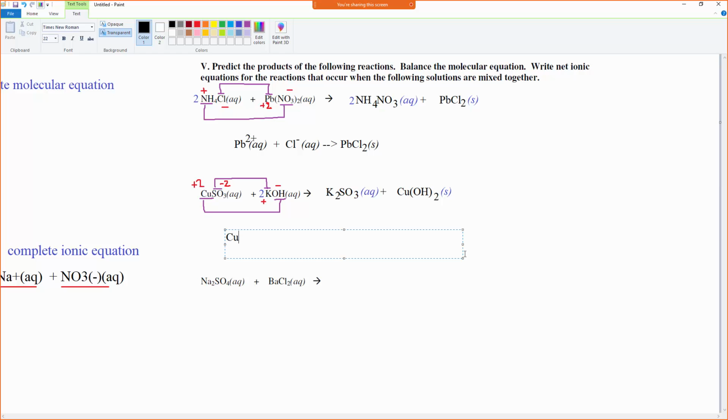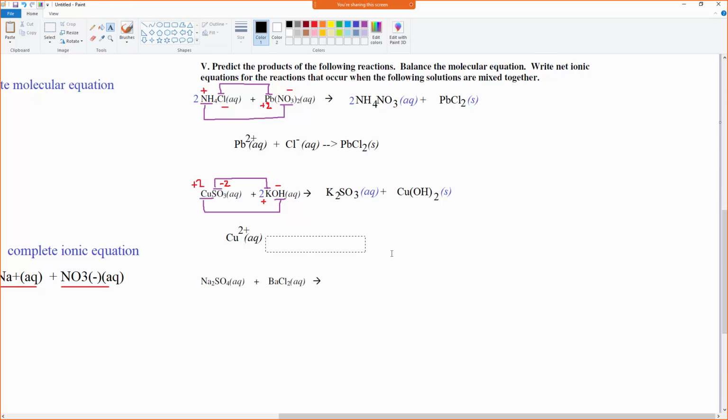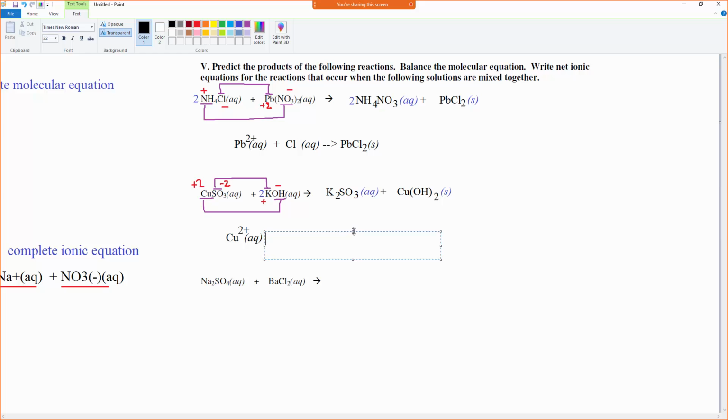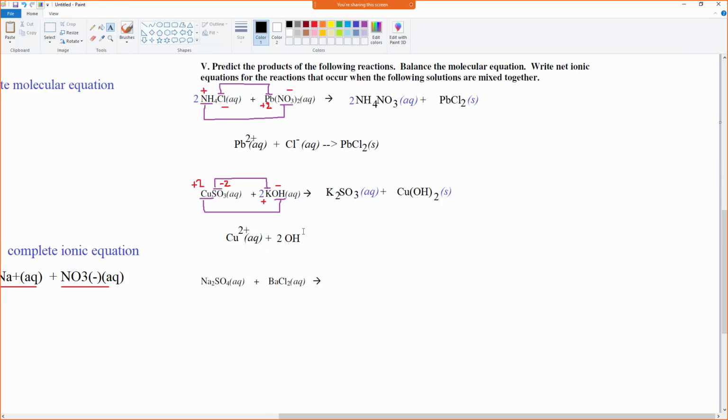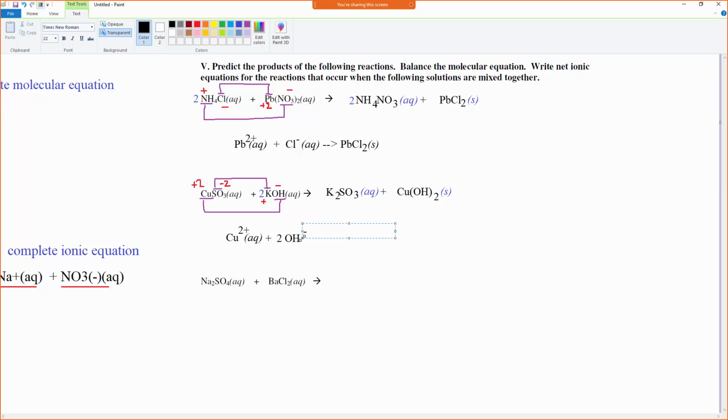Sarah says it's going to start with the copper, with the 2+, aqueous. Okay. I'm going to add hydroxides, each with a negative charge.